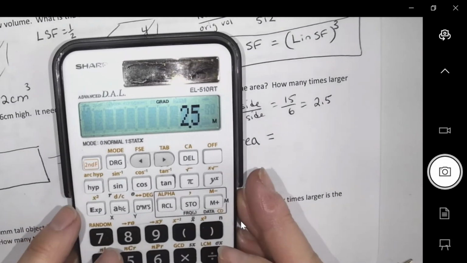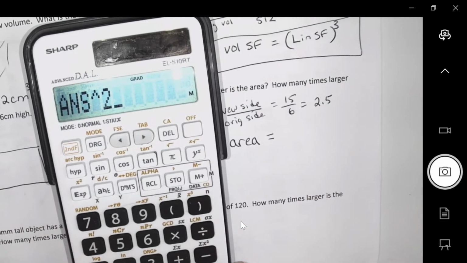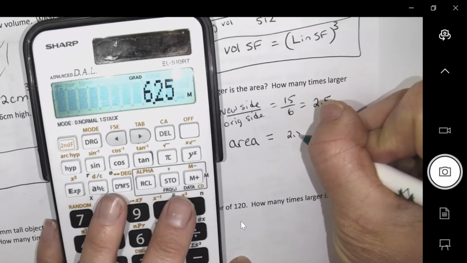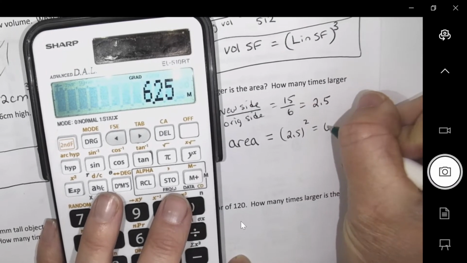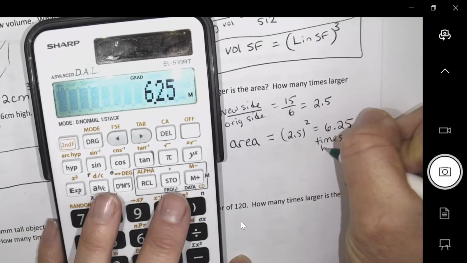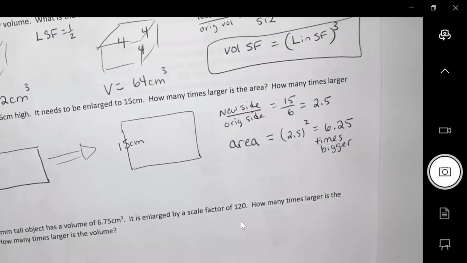I'm going to take that and I'm going to square it. So the area will be 6.25 times bigger than the original area.